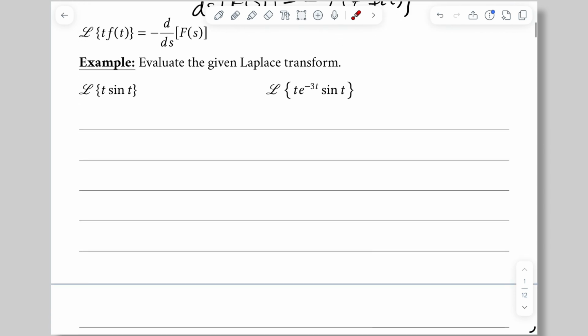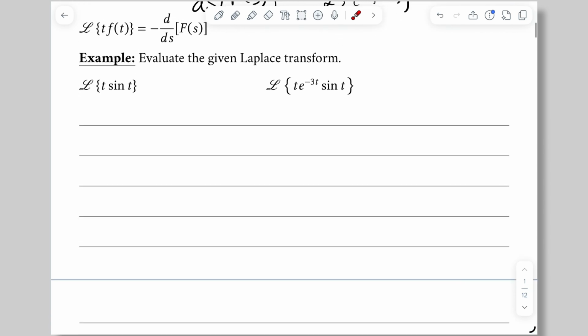We're going to use this in evaluating two Laplace transforms. One of them is the Laplace transform of t times the sine of t. When I think about applying transforms and inverse transforms to products and other interesting things, I start to interpret things in terms of clues. Where we have t times the sine of t, that t tells me I'm going to find a negative derivative.